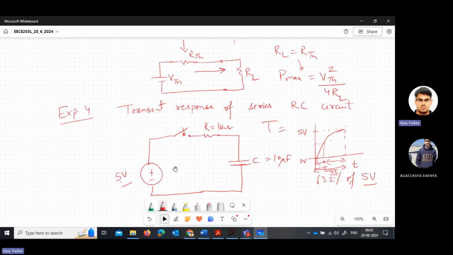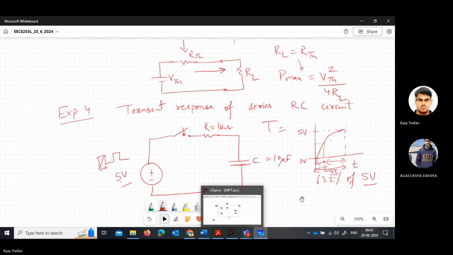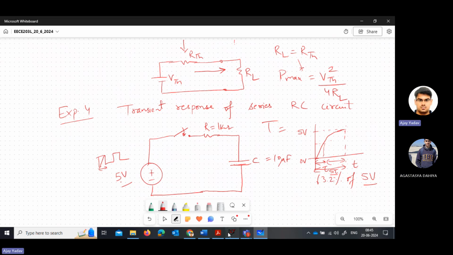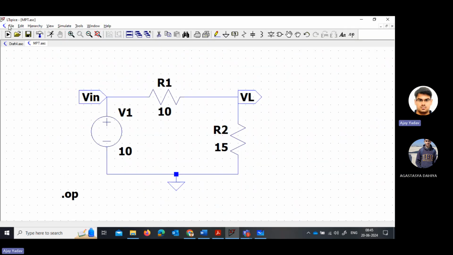I will give a pulse signal and connect it directly with the circuit. Then we will observe the pulse and calculate the time constant within this duration. So that we will do on the LTSPICE. Understood? Any doubt in this? No, sir. So now we will go to the LTSPICE.